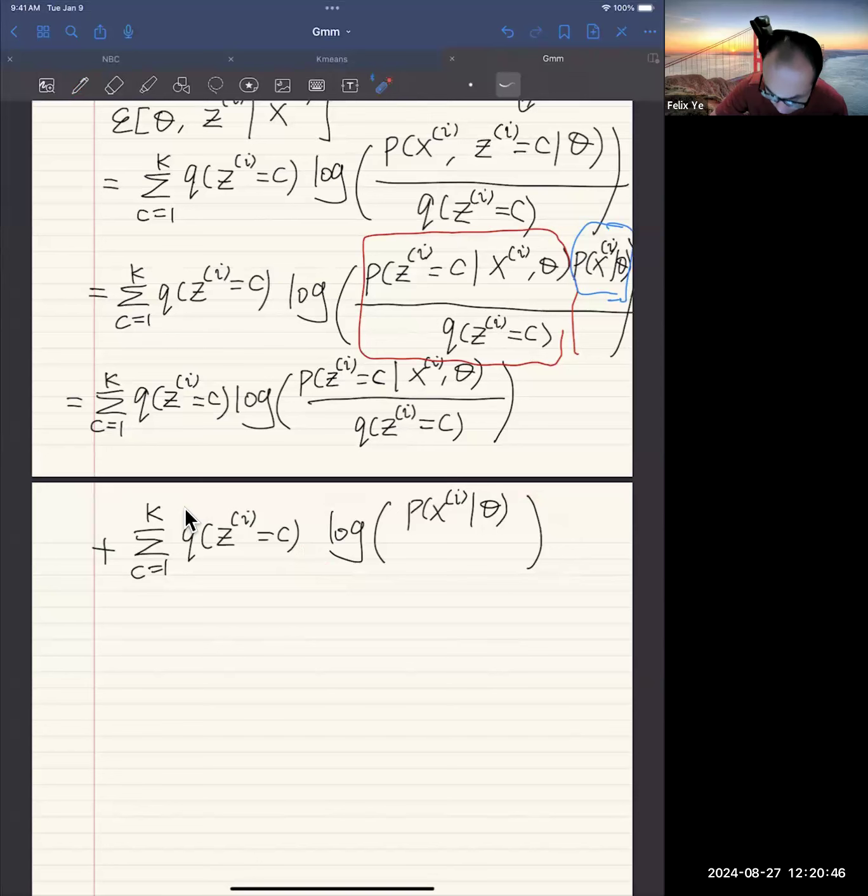If we simply sum this up, it gives 1, because that's the definition of the arbitrary distribution q. So we can get rid of this because it is equal to 1.